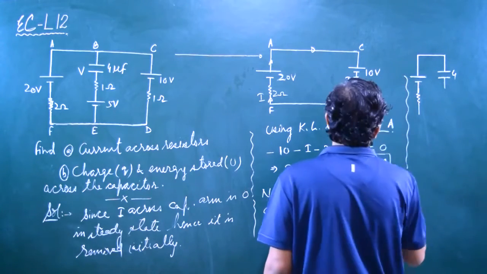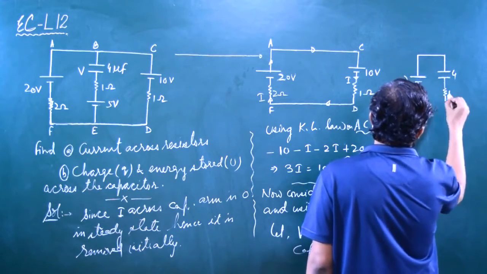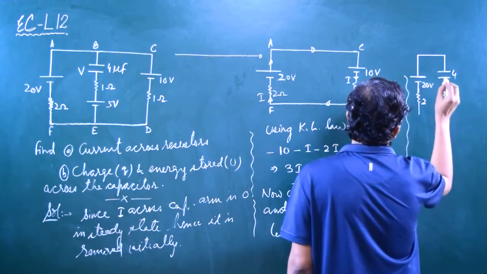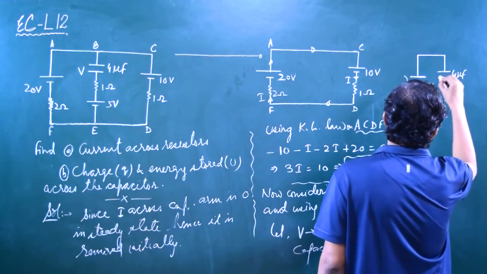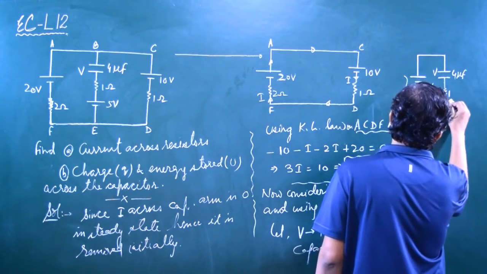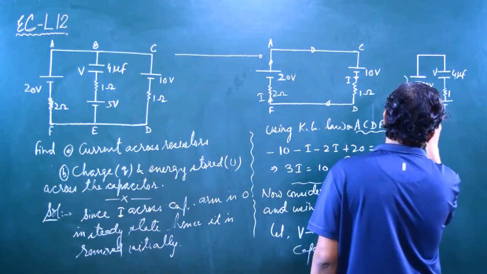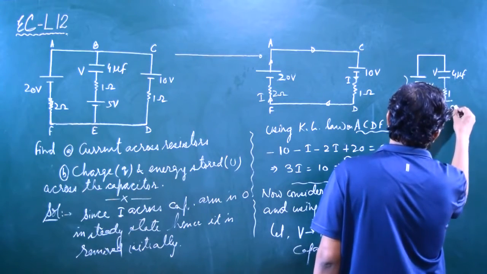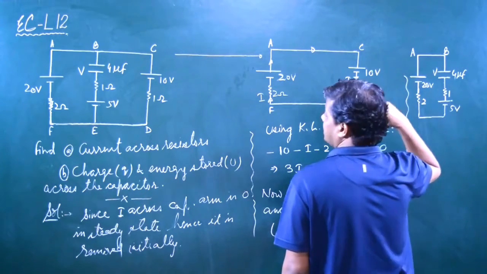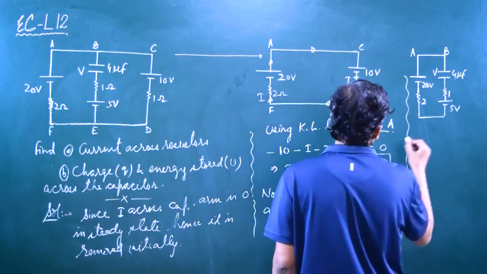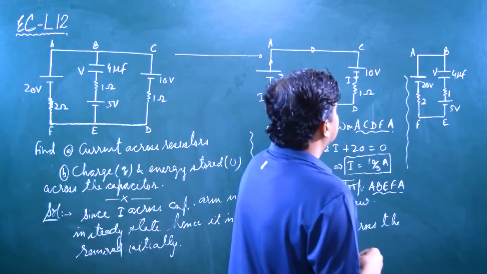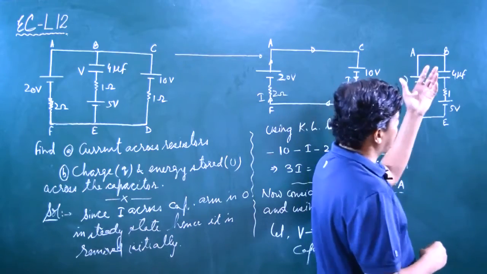It is 4 microfarad, 1 ohm, it was 2 ohm, 20 volt. Here suppose the voltage is V, we have considered, and this one is a source of potential 5 volt we have. Now it is A, B, and E, F, A. You may consider the polarity.